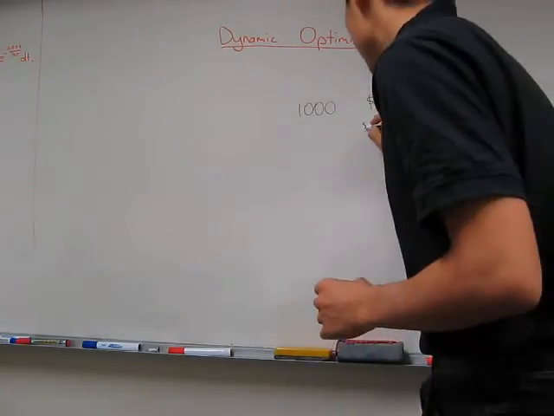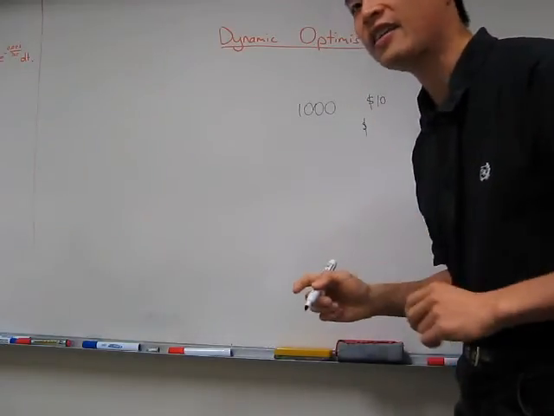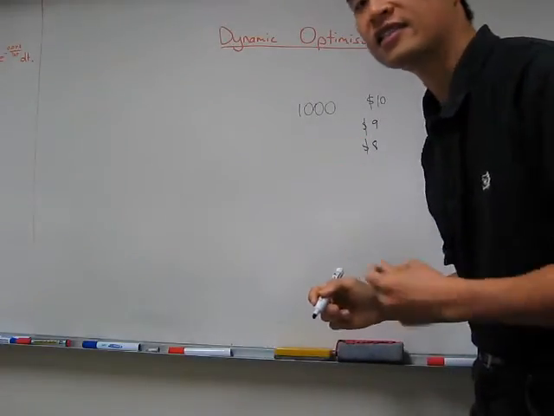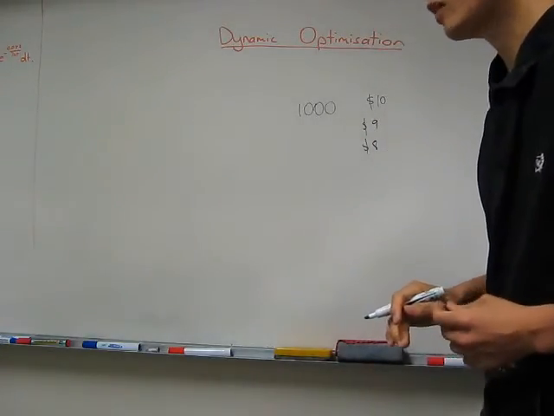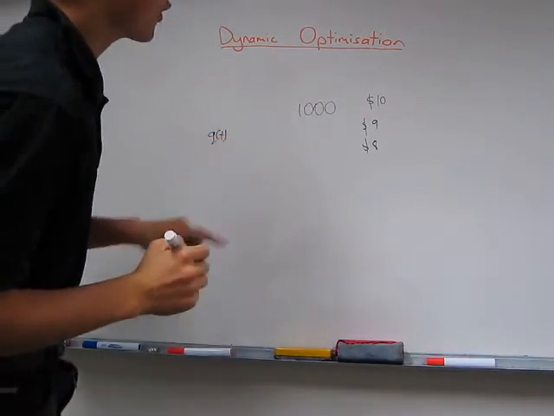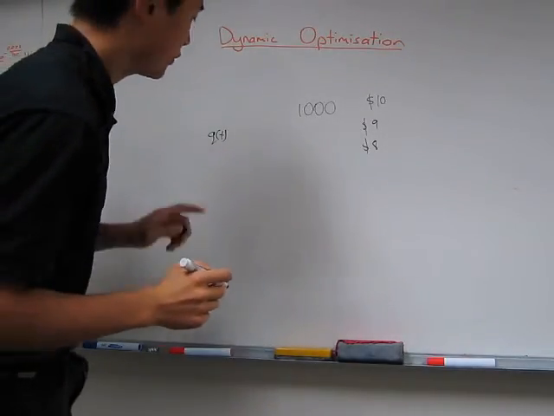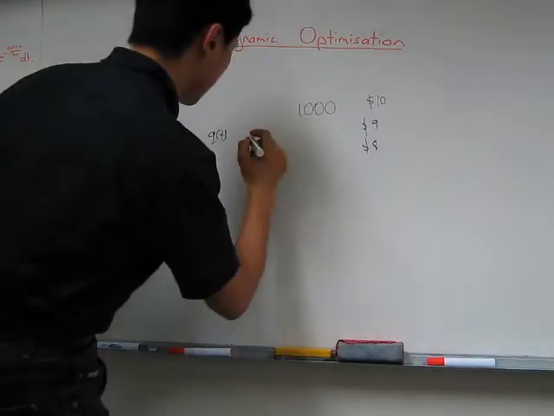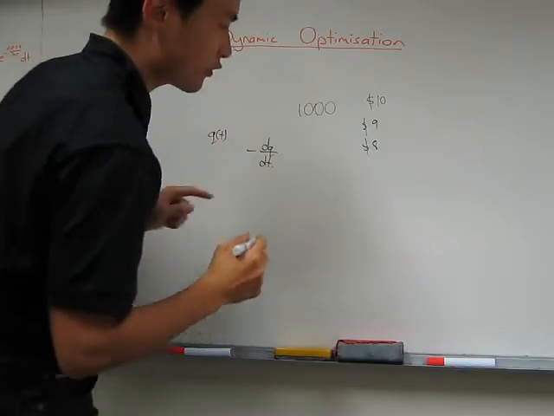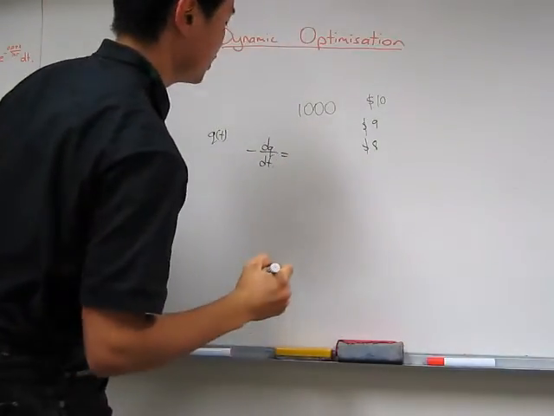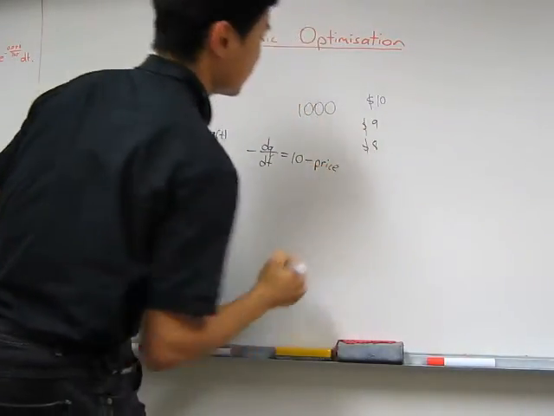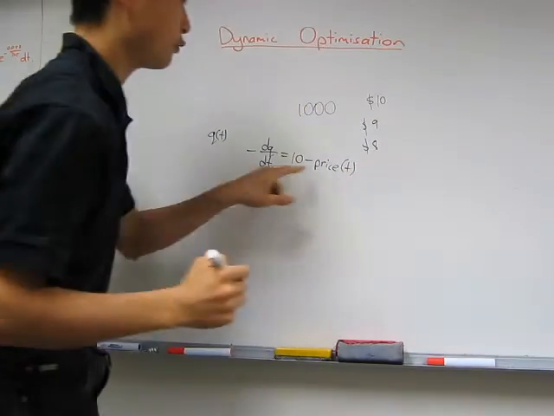If I charge $9, I'll probably be able to sell 1 can a day. If I charge $8, I'll be able to sell 2 cans a day, and so on and so forth going down. So in other words, if Q of T is the number of cans of beer that I've got stored up in my room on day number T, then you could say that negative dQ/dt is the number of cans of beer that I am able to sell on day number T. And I'm telling you that will be 10 minus the price on that day that I want to charge.